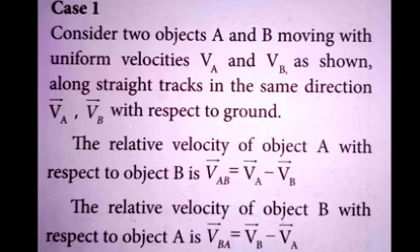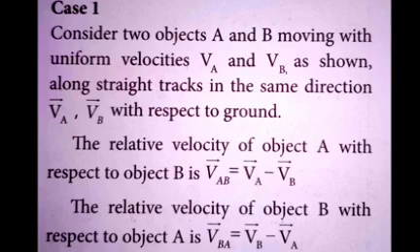Now we are going to calculate the relative velocity between objects A and B. Students, when comparing object A with B, we consider A as the first particle, so the relative velocity of object A with respect to B is calculated from A to B.